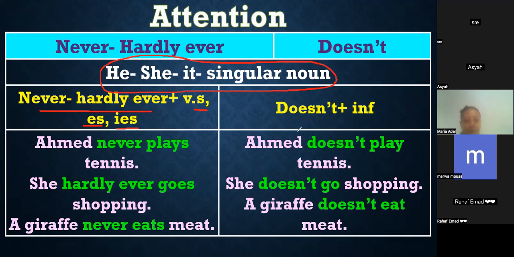But as we said yesterday, if we make the negative with doesn't, the verb returns to the infinitive form. Doesn't takes the s from the verb, but never and hardly ever leave the s on the verb.